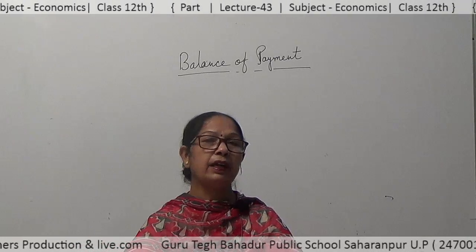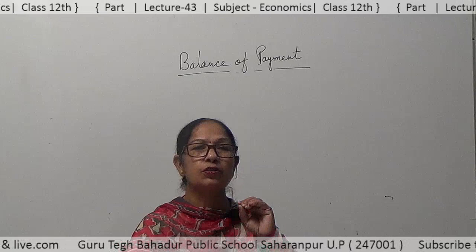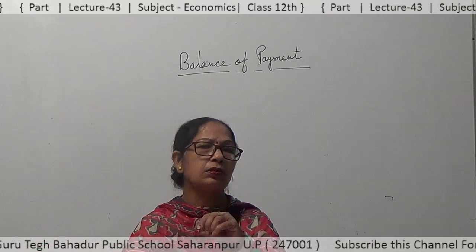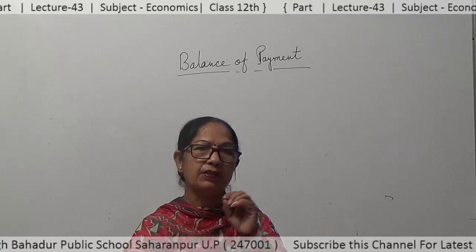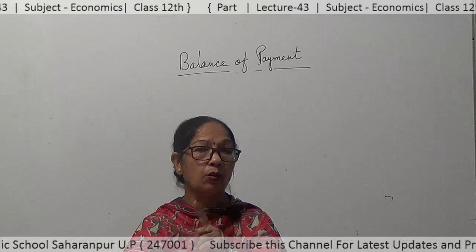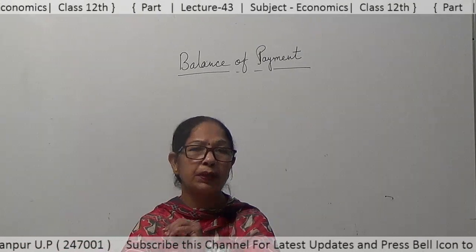So, BOT and BOP, there is a difference, you should note it. BOT only relates to trading of goods, only visible trade, visible items. It is BOT, balance of trade. It is just a part of BOP.